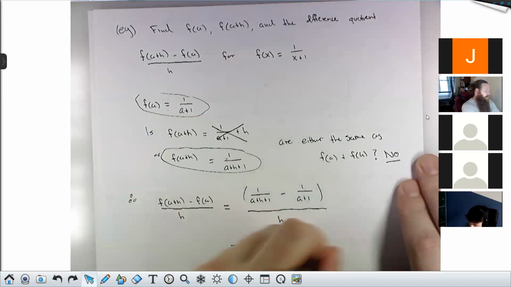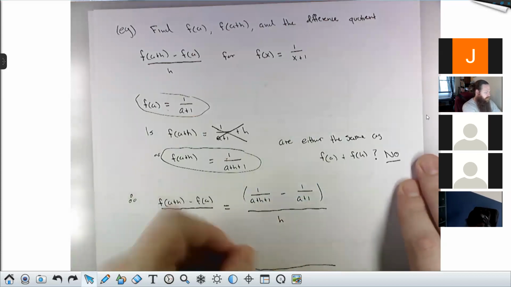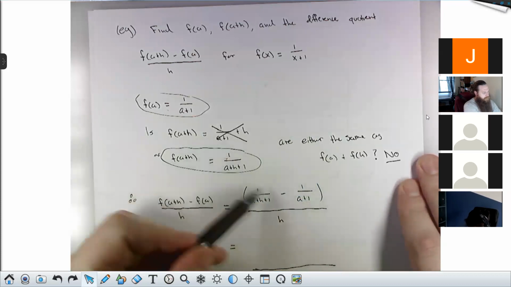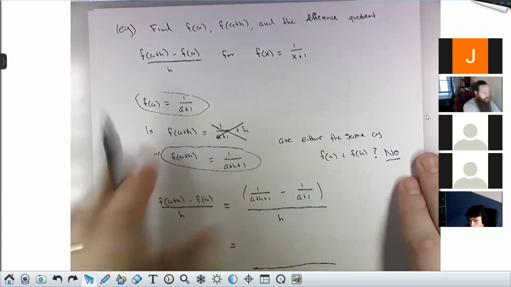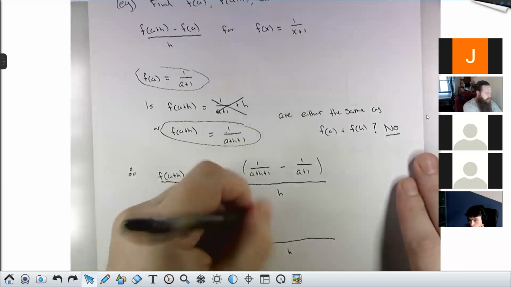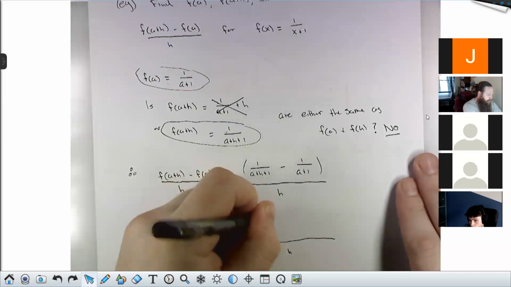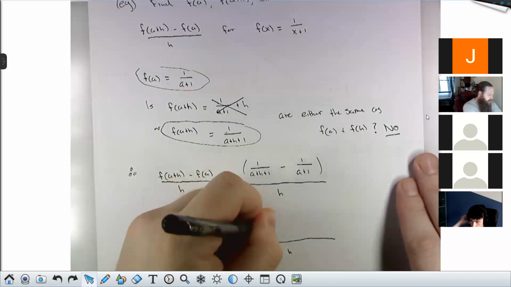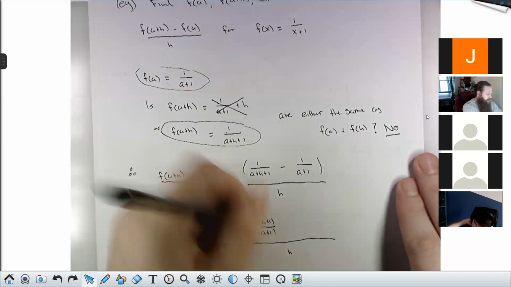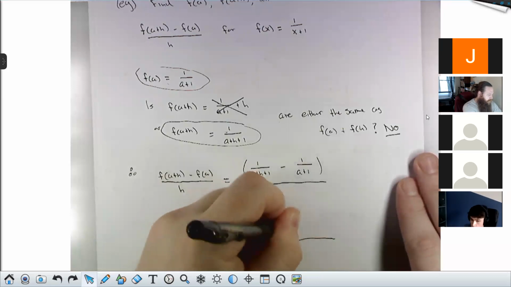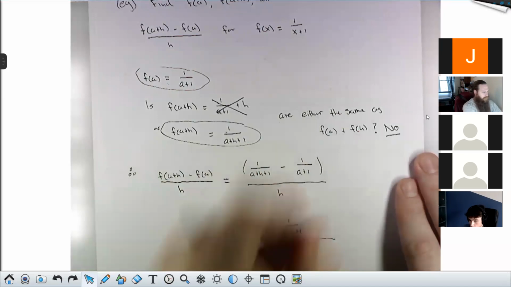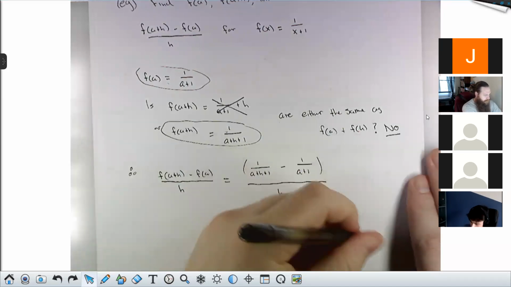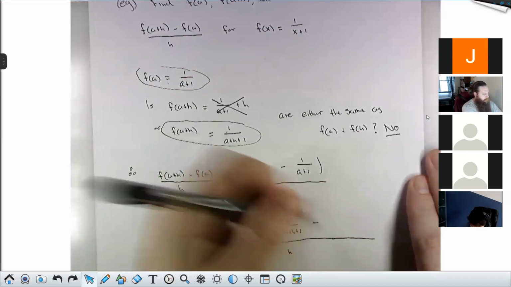So first, let me draw my big fraction, put the h downstairs. This first guy has 1 over a plus h plus 1, but he doesn't have a factor of a plus 1 downstairs. So I'm going to multiply him by a plus 1 over a plus 1. And then we still have our 1 over a plus h plus 1. Minus, extend my big fraction bar a little bit.